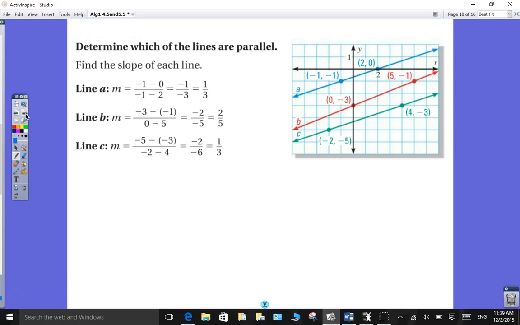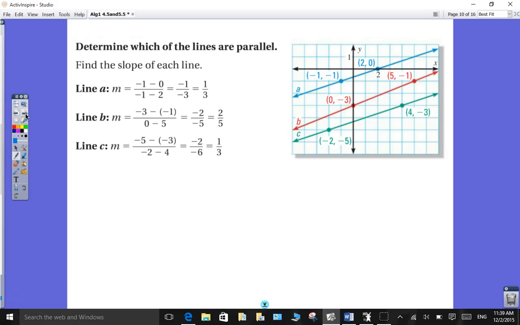A and C, right? This one is parallel to this. And it should be apparent just looking at how they're going up and over, right? When you don't have points that are highlighted like that, what you should be looking for is where the line crosses an intersection of grid lines.